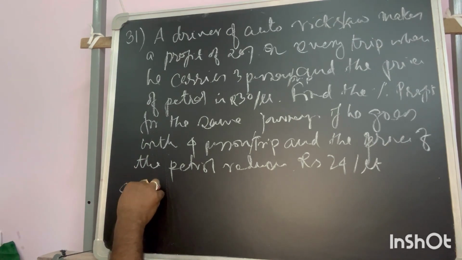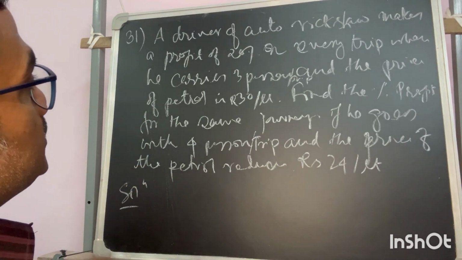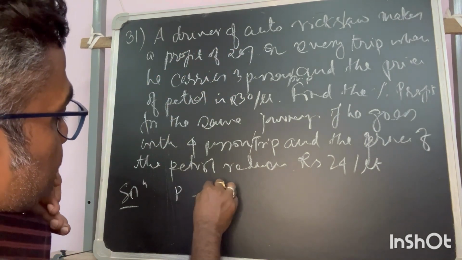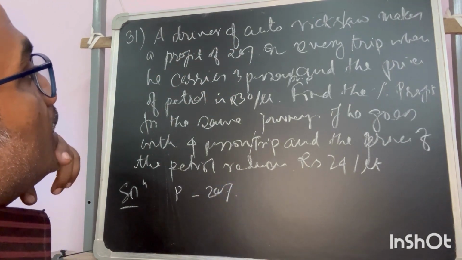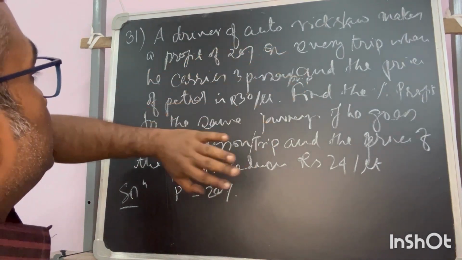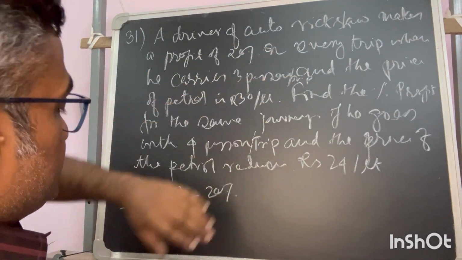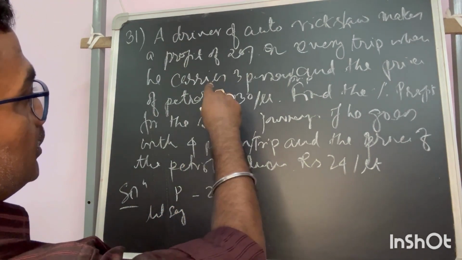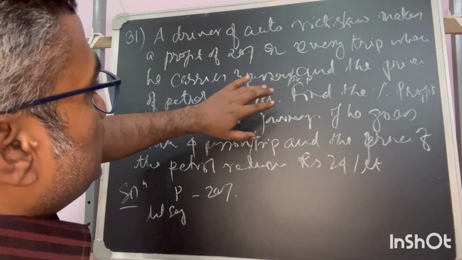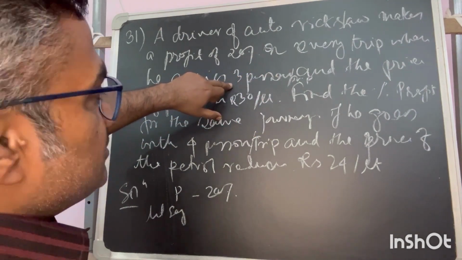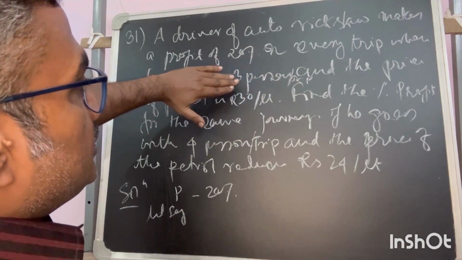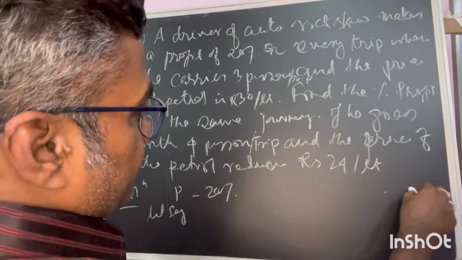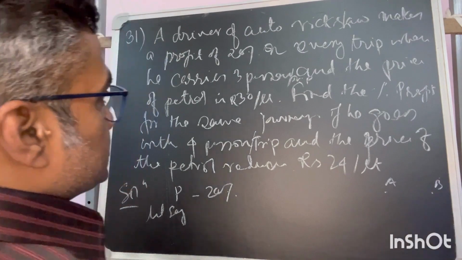So the solution for the first case: he is making a profit of 20%, and on the trip he is carrying 3 passengers. Let's say he is earning from each person, assuming they are traveling between two fixed destinations.